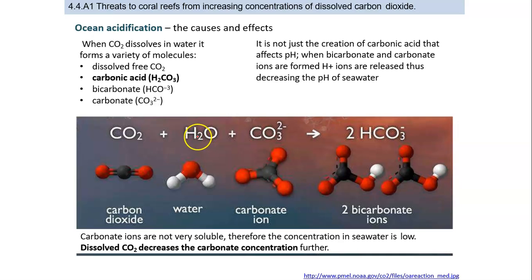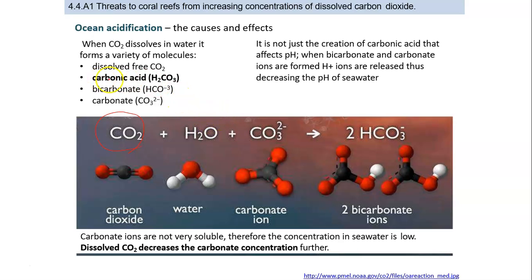In this slide, you will see the different chemical molecules, the different structures once the carbon dioxide is dissolving into the water. It can form a variety of molecules. It could be dissolved free CO2 inside the water.